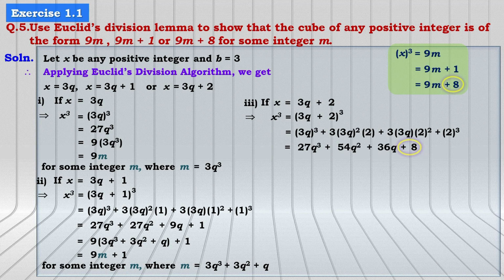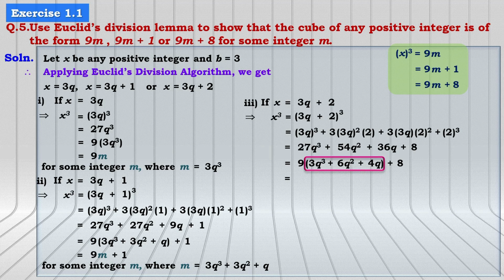Now we will keep the 8 aside. Now we have to make sure that the previous part we can represent in the form of 9m. So let's take 9 common from here. So 3q cube plus 6q square plus 4q, plus 8. Now replace whatever value is there as m.